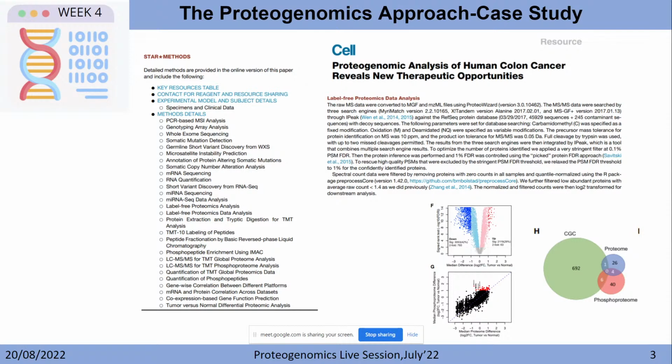Mostly the proteins will remain the same, but a few proteins will be away from the distribution, 2 or 3 standard deviations away, and those proteins are significantly dysregulated. And this Venn diagram shows the different proteomes and the phosphoproteomes among the total proteins.